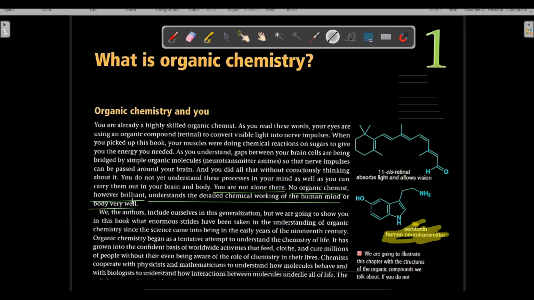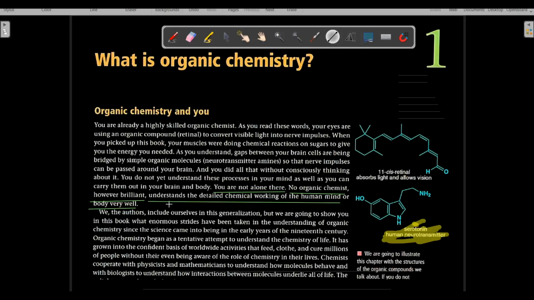So the three activities, like watching, how are we watching the things, how are nerve impulses being transmitted, how are the sugars being broken down into energy, even if a chemist is very brilliant, he is still not able to understand that properly. Because research keeps on going, they do not understand it in detail. They only have a superficial understanding. That's the meaning of this.